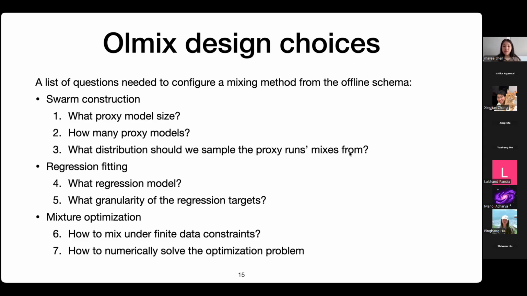And then for the optimization stage, we need to figure out how to handle the fact that data is finite and we don't want to repeat samples too much. We also need to figure out how to actually numerically solve the optimization problem. So this is a large but non-comprehensive list of all the decisions a practitioner needs to make.